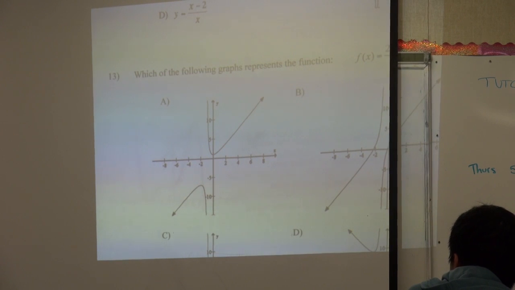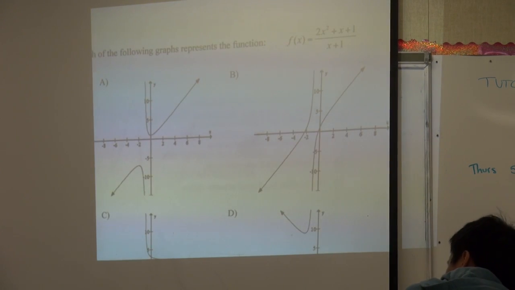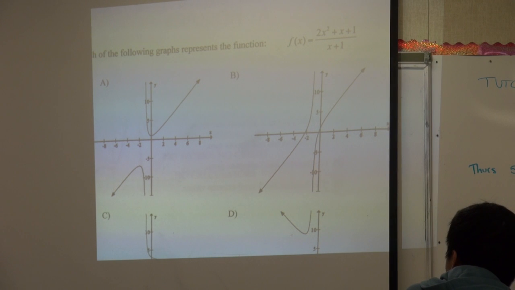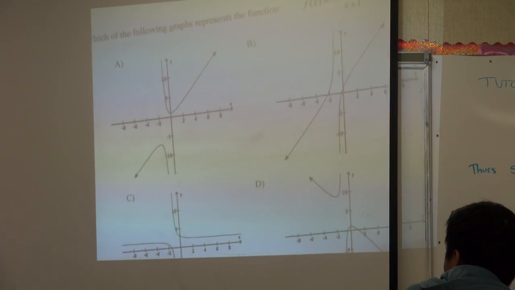Number 13. Which of the following represents this function? By knowing that the degree of the numerator is bigger than the denominator, then you know that this function has a slant asymptote. C's out. Nikki, move it up.